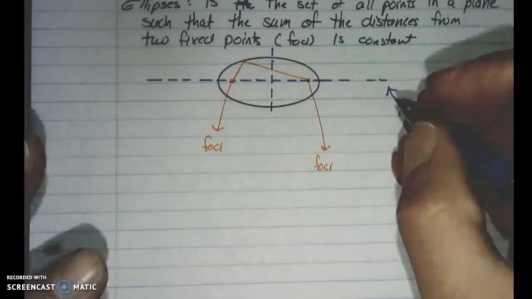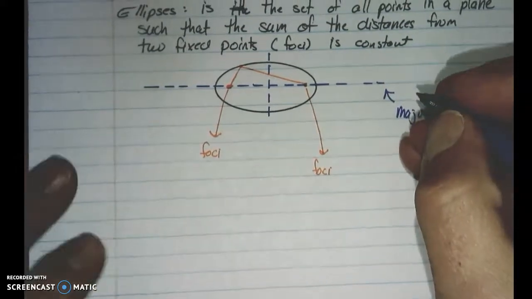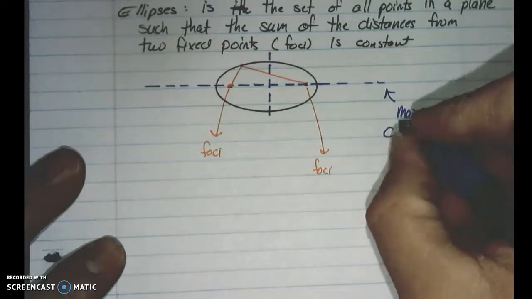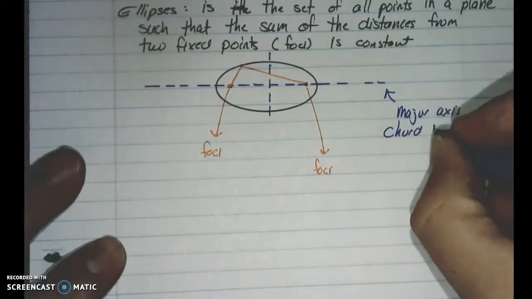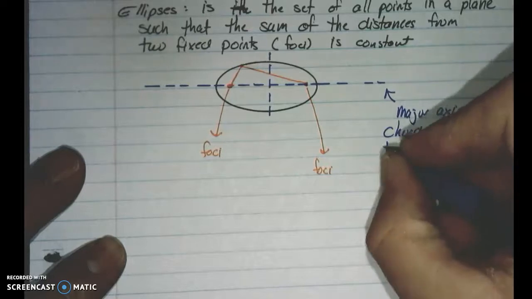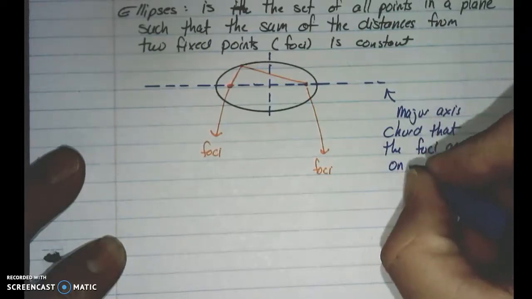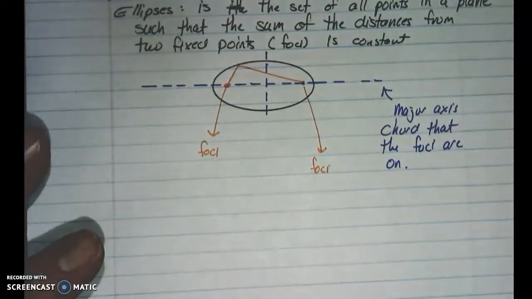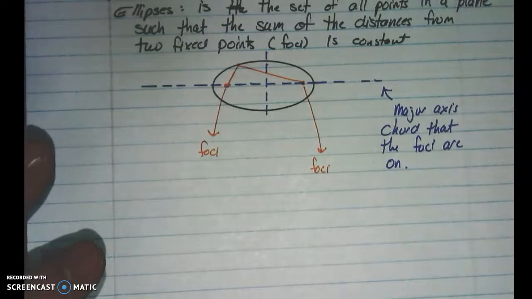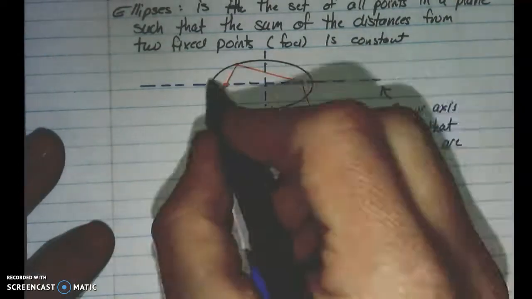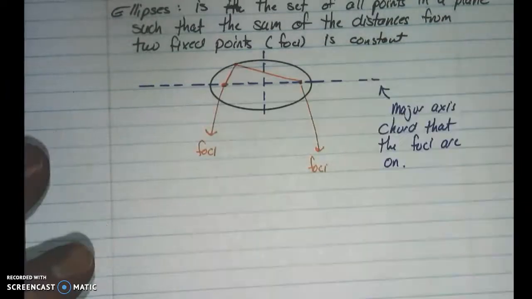And our definition for the major axis is that this is going to be a chord that the foci are on. You guys remember what a chord is from geometry? Yep, a little line segment. And it's going to be within the boundaries of our ellipse.